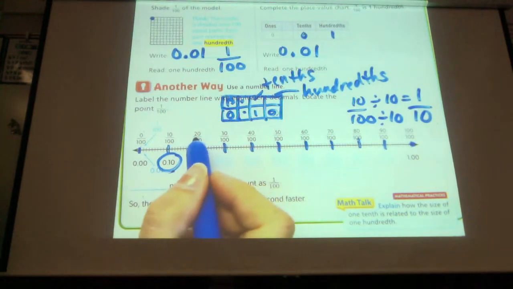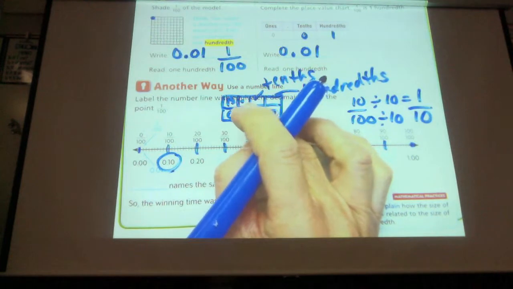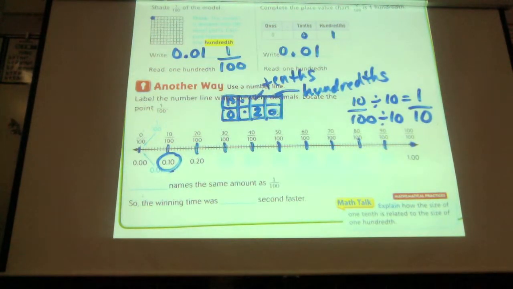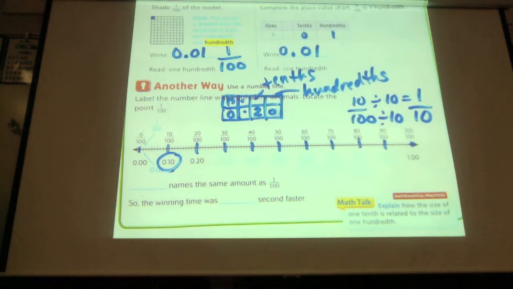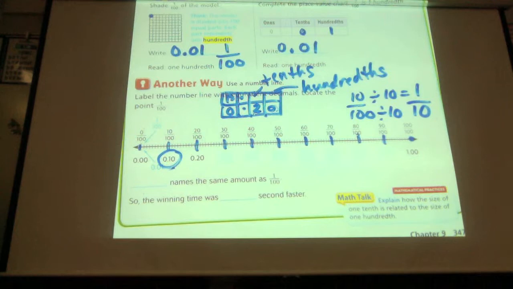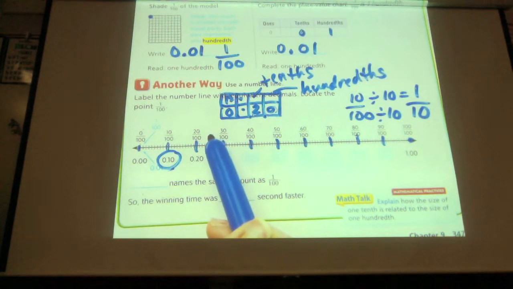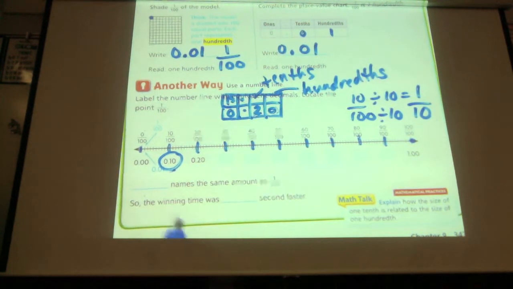So if I have 20 100ths and I put it in my place value chart right here, the 2 is going to go here. So as a decimal, it's going to look like 0.20. Again, thinking about money, you guys understand money pretty well. If you think about money, 20 100ths is like saying 20 cents. Like 20 pennies. Because pennies are a hundredth. Remember this back here?